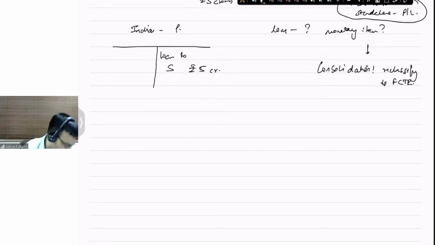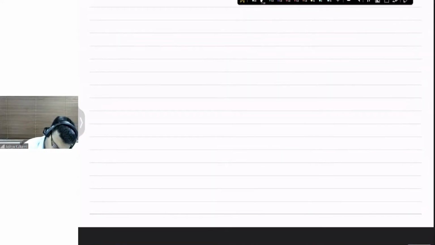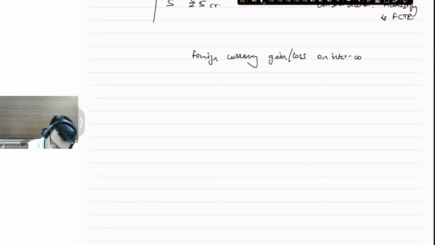Okay, so now coming back, you can take note of this. Foreign currency gain or loss on intercompany monetary items.